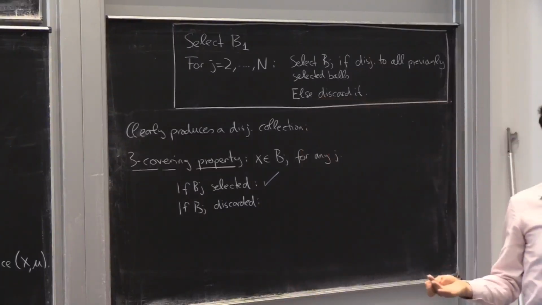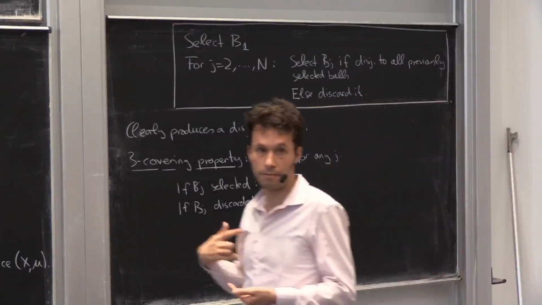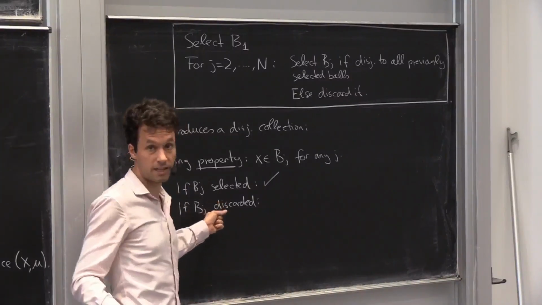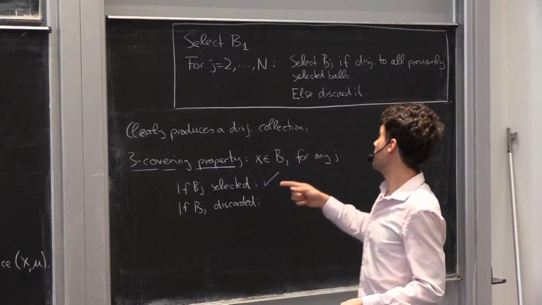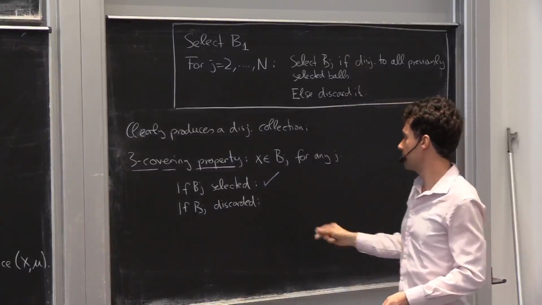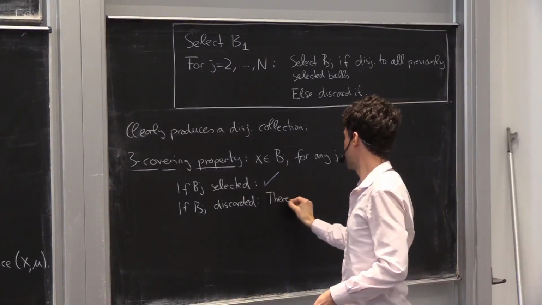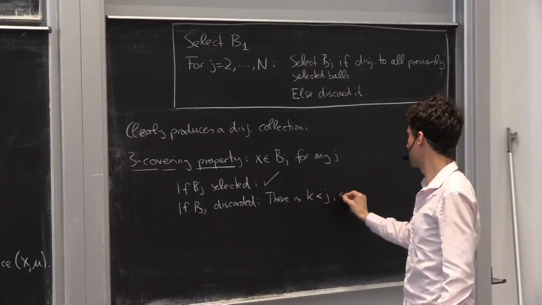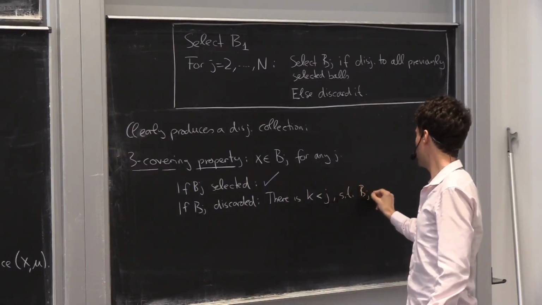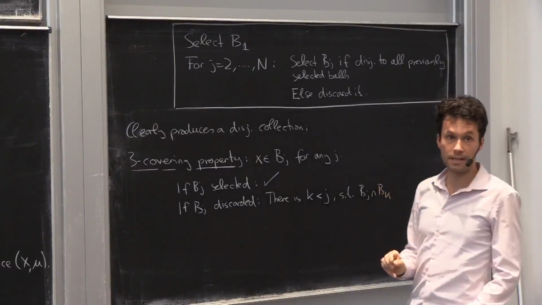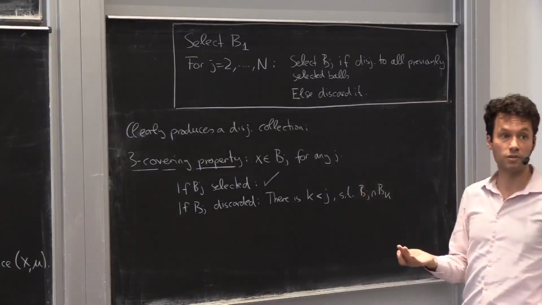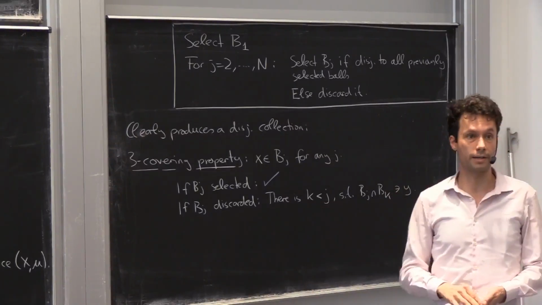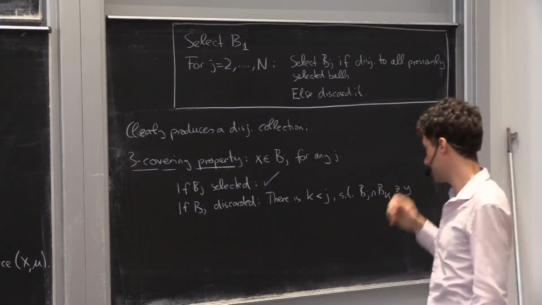Now, how could that ever happen, that the algorithm throws away our friend Bj? At some point the algorithm checked Bj and it failed. So it was the case that there is an index k that came beforehand, such that Bj intersected Bk was not empty. So it contains some element I'm going to call y. That is the only way the algorithm could have discarded it.